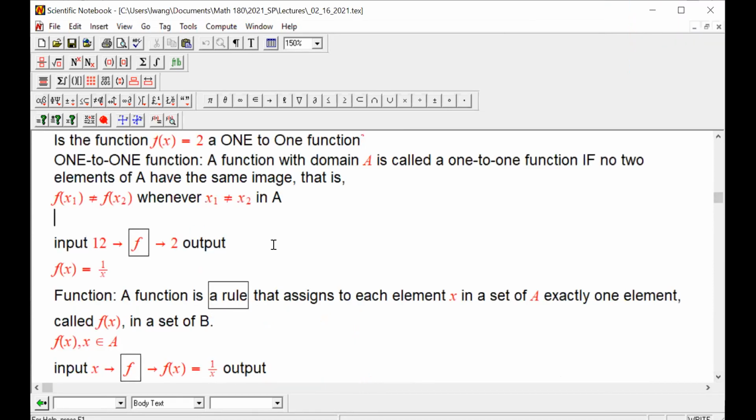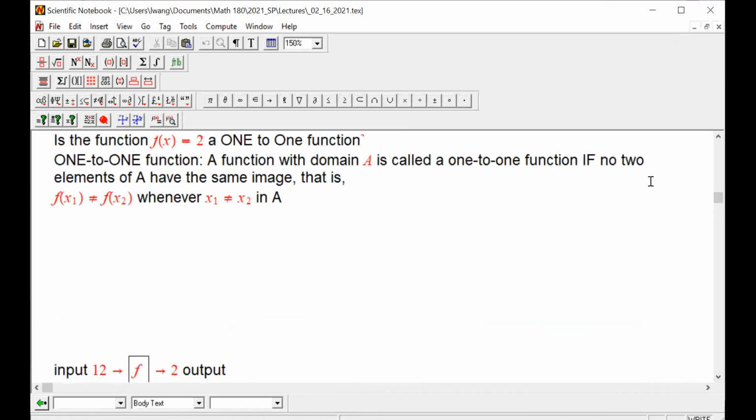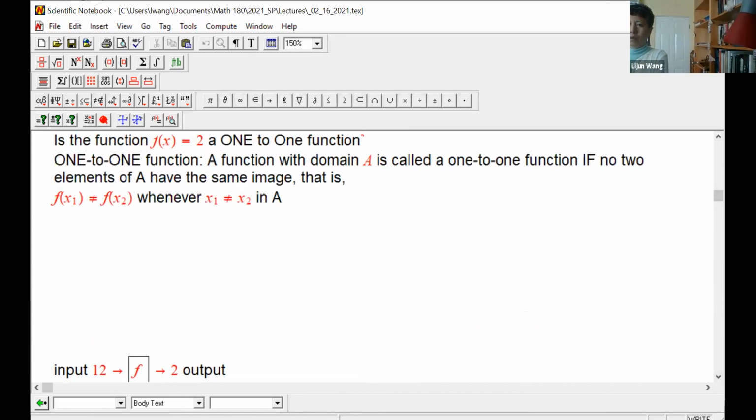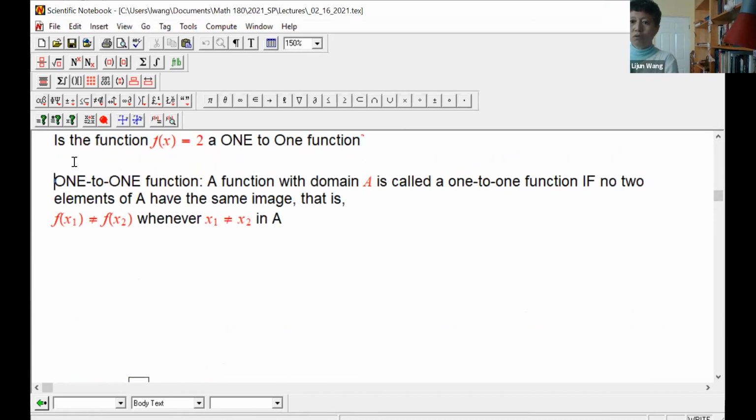And here are the criteria. Do you follow me? So we're using this definition to judge. We're judging, is this function one-to-one?